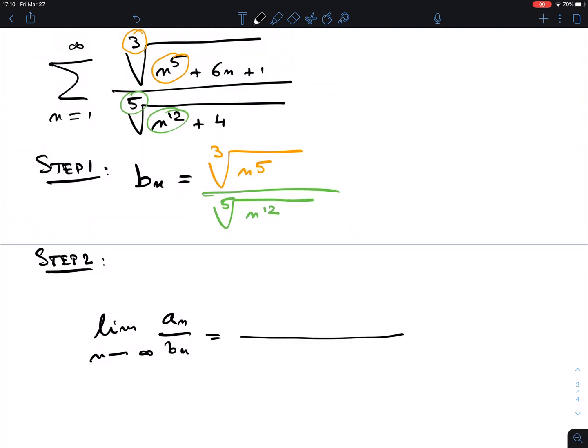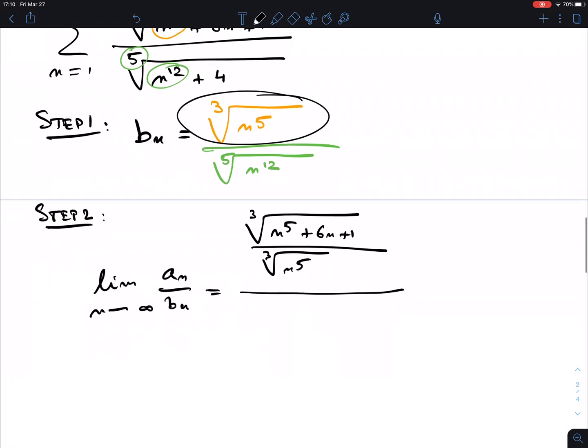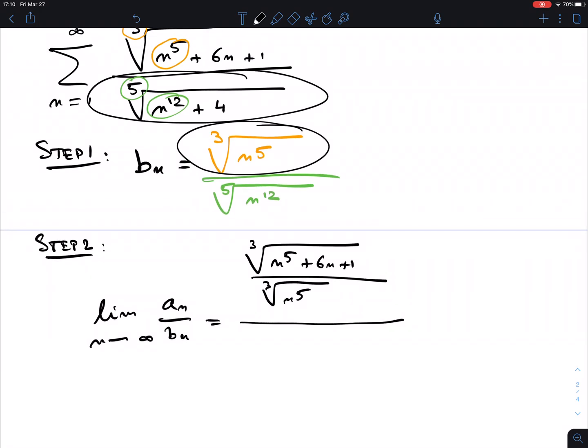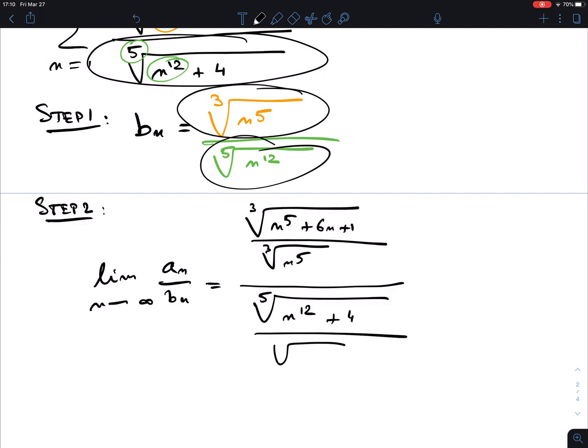I take the whole numerator, n to the fifth plus 6n plus 1, and divide it by the numerator of my Bn. I hope you see where we're going with this. I do the same for the denominator, so that is the fifth root of n to the power 12 plus 4 divided by the fifth root of n to the 12th.